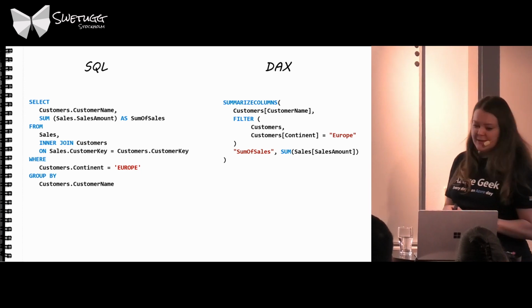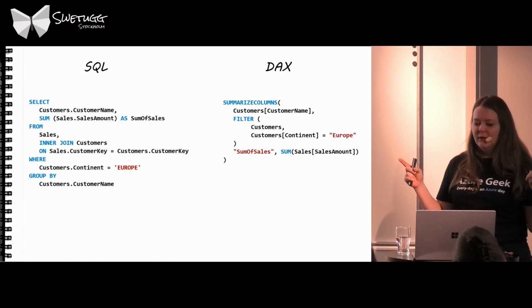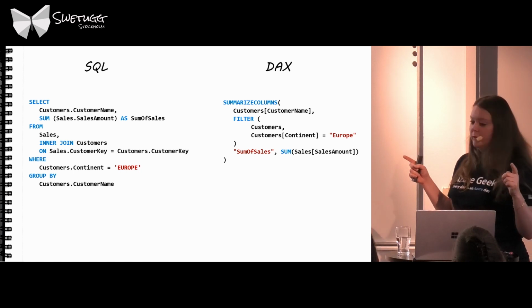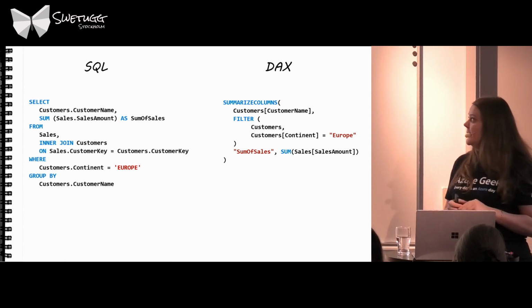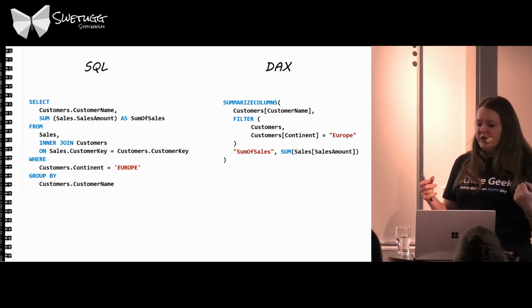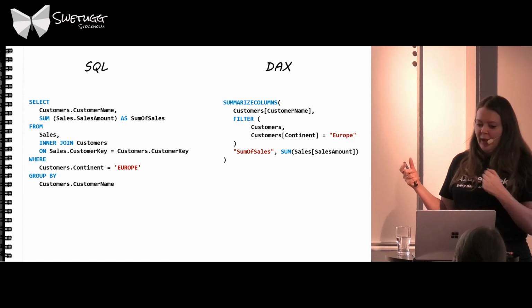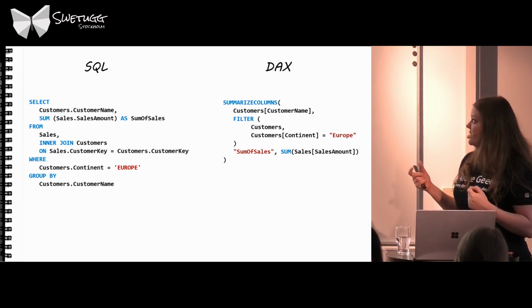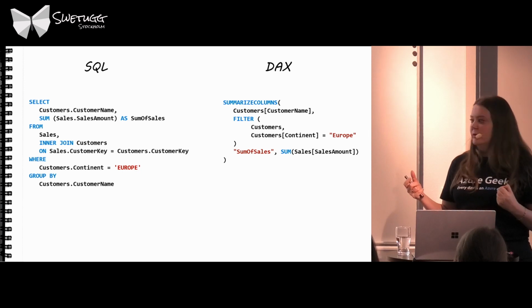DAX is an abbreviation for Data Analysis Expressions. This is a true programming language, works on tables and columns, and it is functional. It's made up of expressions that are basically function calls. It's usually a challenge for programmers coming from other programming languages.